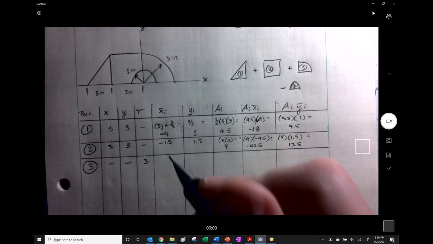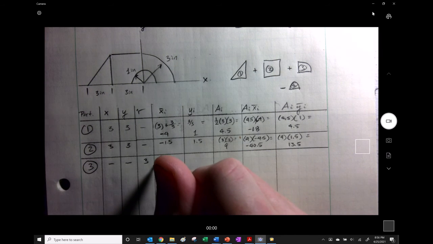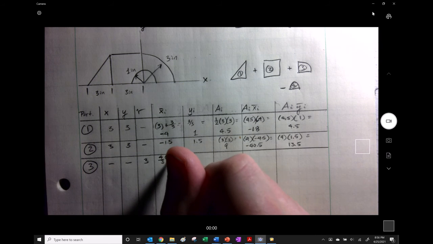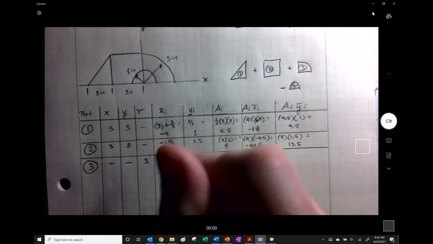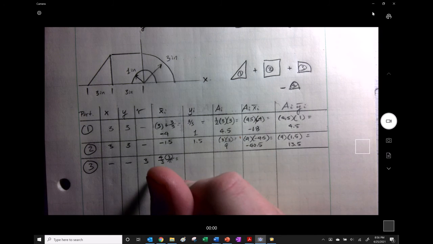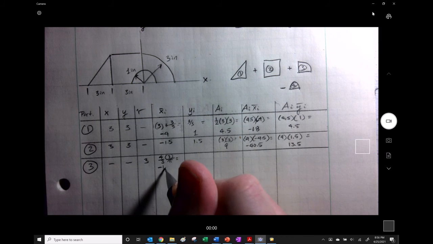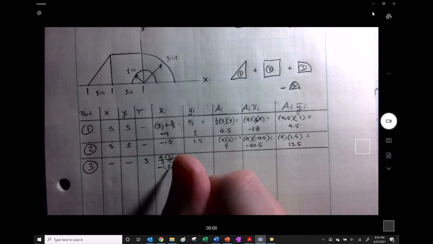All right, so 4/3 r, which is 3 over pi, right? So it's just going to be 4 over pi. And positive, okay. 1.273.